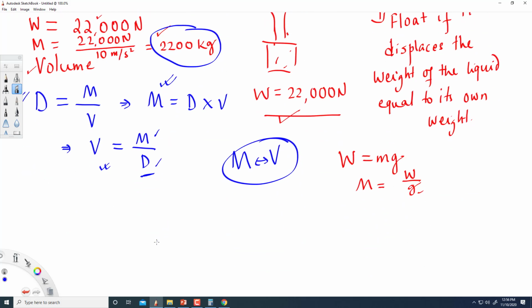So, we want to find volume. Volume is mass, 2200 kilogram, over density, 1.2 kilogram per meter cubed.